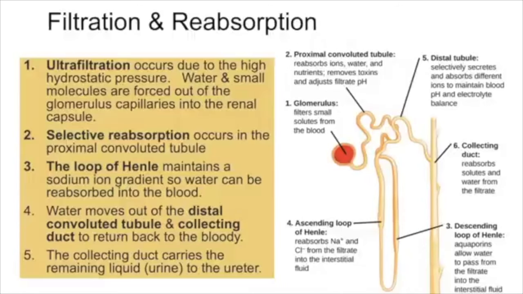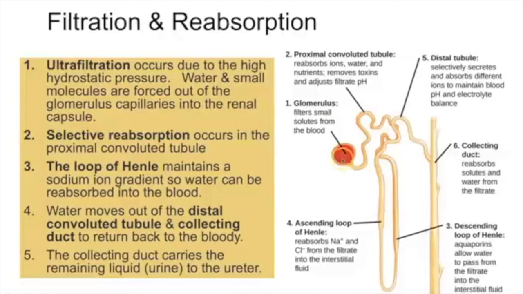So the way this happens is step 1, the blood flows into the glomerulus, the capillaries there, and because there's a really high hydrostatic pressure, water and small molecules are forced out of the capillaries and into the renal capsule, which is this yellow part here, and the glomerulus is all of the red bit there where you have the capillaries.